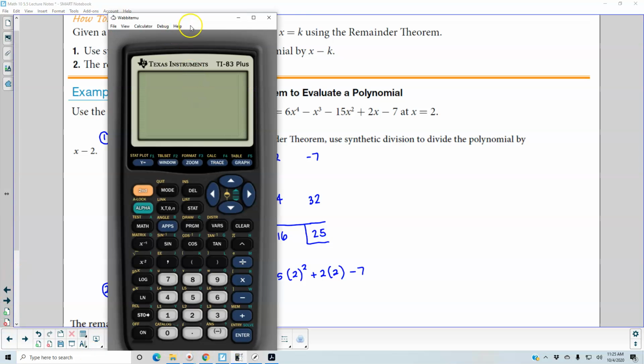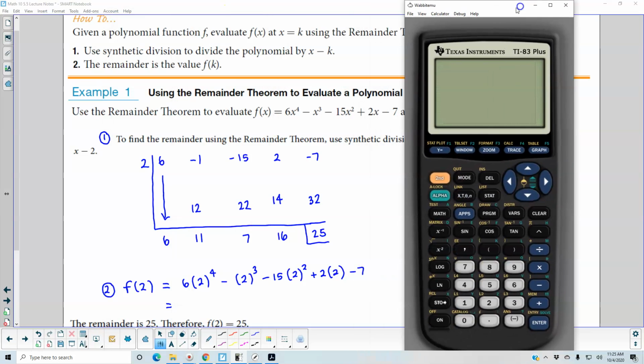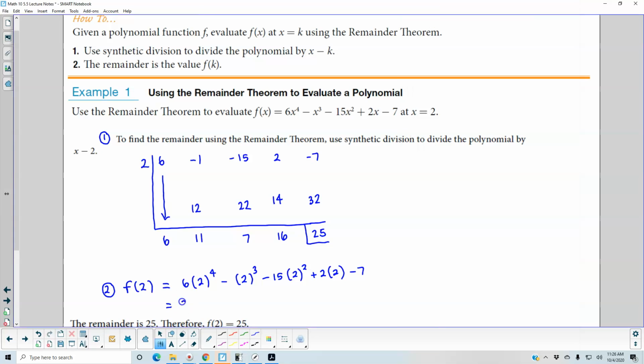So let's plug it into our calculator. So if we want to find this, we're going to say 6 times 2 to the fourth minus 2 to the third power minus 15 times 2 to the second power plus 2 times 2 minus 7, and that gives us positive 25.